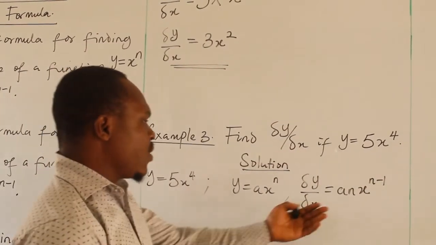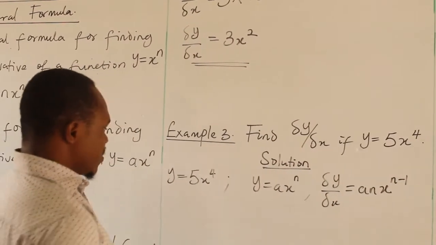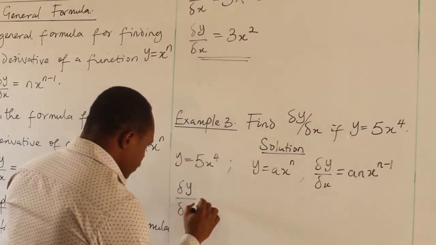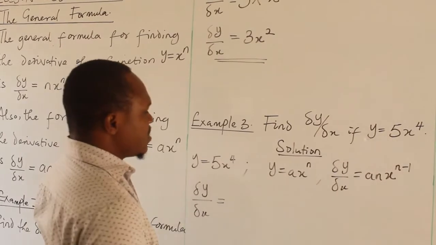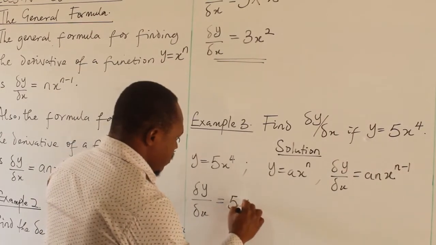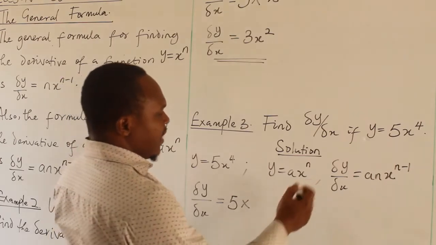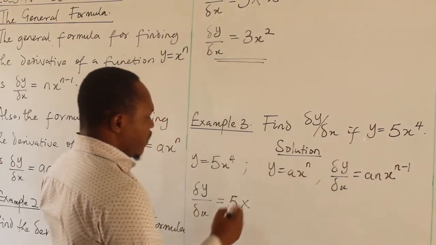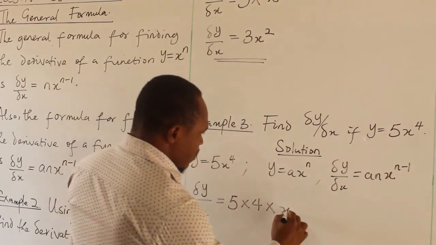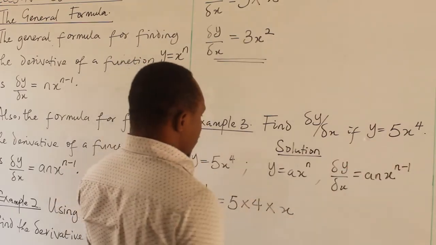So if we try to apply what we have here to this, we have dy over dx will be equal to, in this case, our a here is 5. So 5 multiplied by our n here is 4. Multiplied by 4, multiplied by x raised to the power n minus 1.